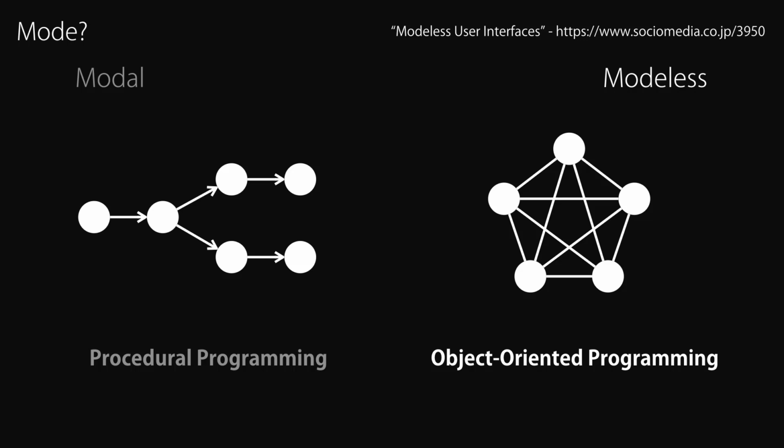But in 1970, we got a different computer programming paradigm. It was called object-oriented programming. The image is like this. There is no specific path. It is very random access. So this is very modeless.